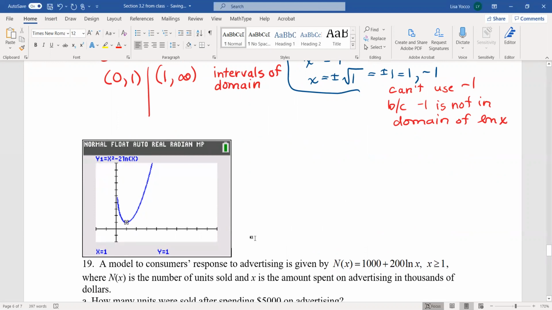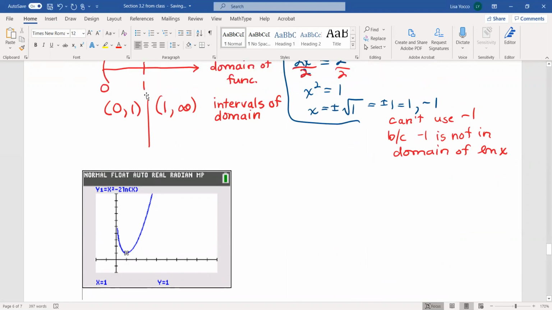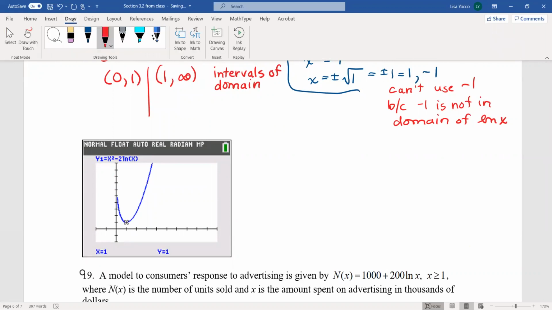So there's the graph, and hopefully that goes along with what I said. This little piece of the graph continues up here forever in that direction, and that continues forever like that.